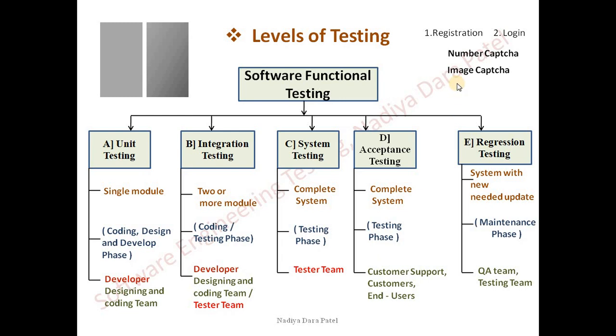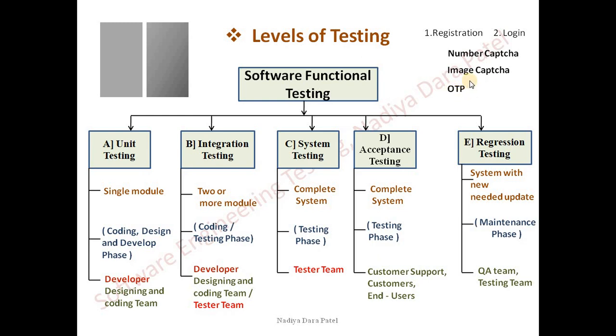Now again time has passed, and the customer is asking for the number captcha and image captcha. Okay, now they want an OTP to be generated. After registration, when you're trying to log in, they have some security issues now. They expect that one OTP should be generated, and only when the OTP is verified will we allow our end users to log in to the system.